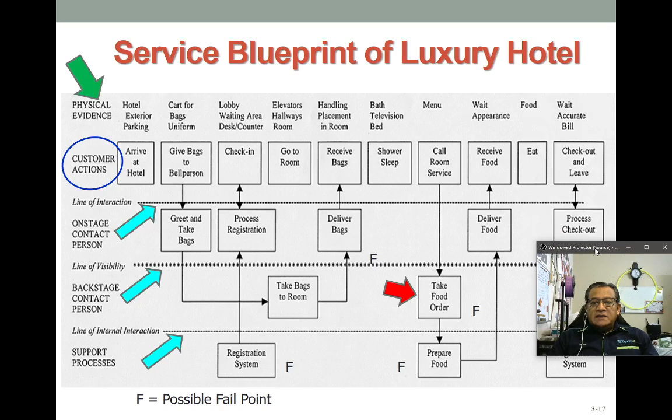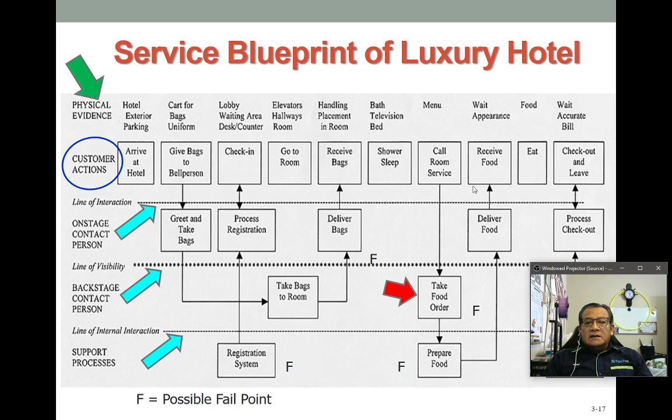So I would say this arrangement is normal, that almost all hotels have this kind of physical evidence, including food and bill.